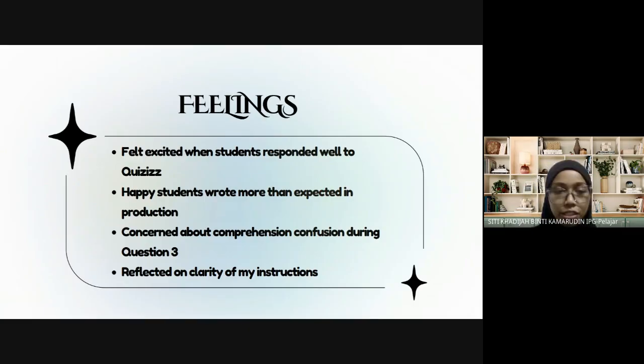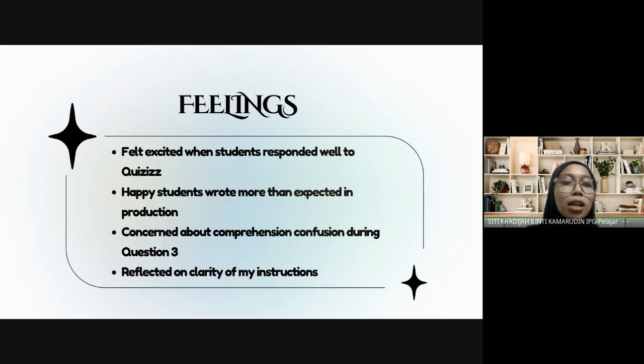However, I also felt a bit concerned during the practice stage because students struggled with question 3, which required 3 repetitions to clarify. So the feelings here are excited, concerned, proud, happy.